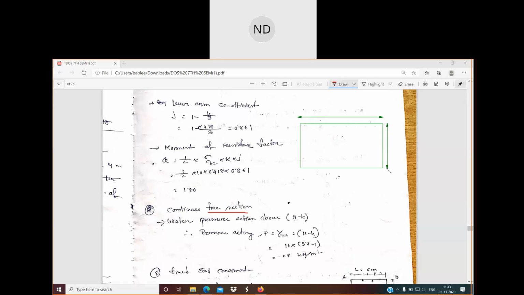Sorry, how much was this? We had calculated, right? It was given to us, 6 meter. Okay, it was 3.7, I guess. Yeah, the total height.